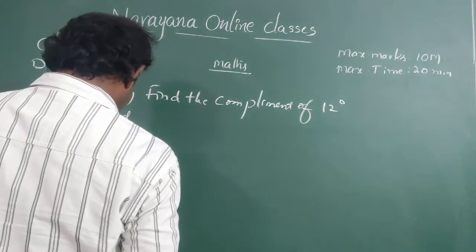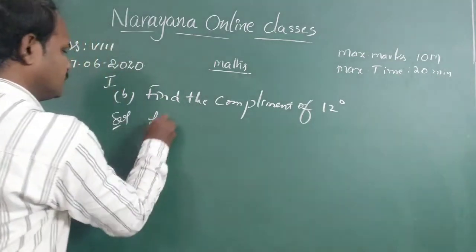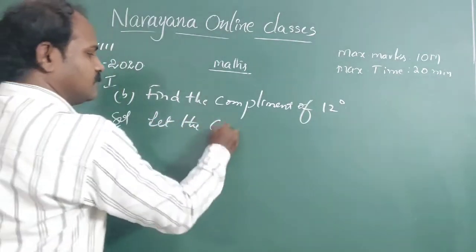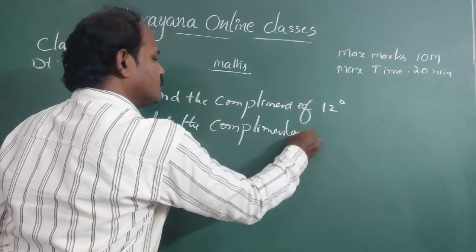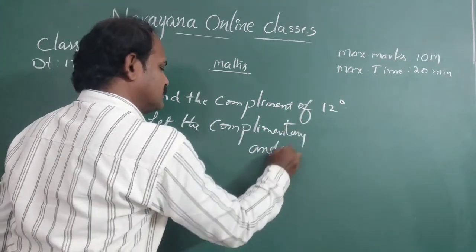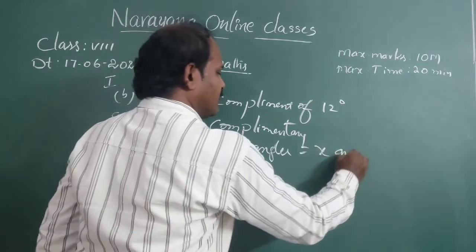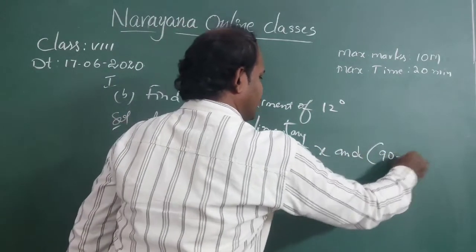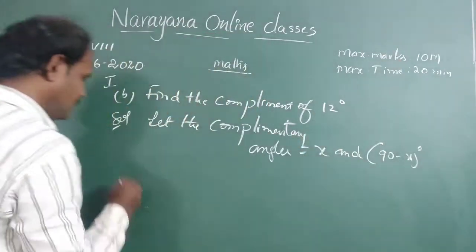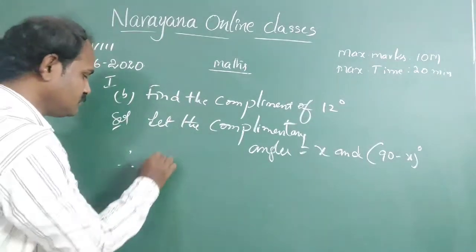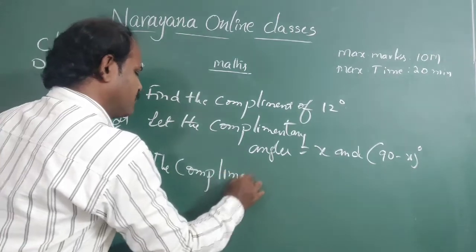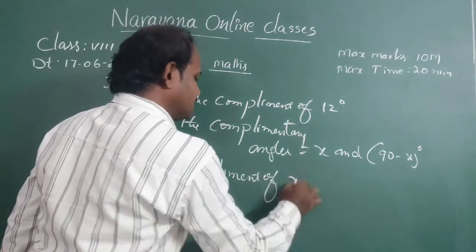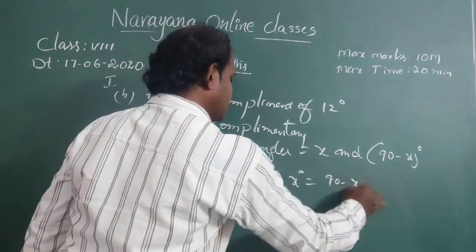Okay, the solution of the second sum. Let the complementary angles be x and 90 minus x degrees. Therefore, the complement of x degrees is equal to 90 minus x degrees.